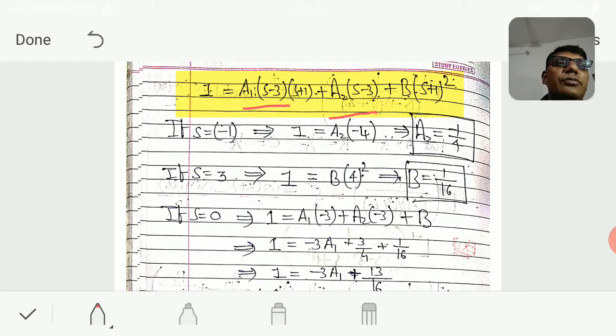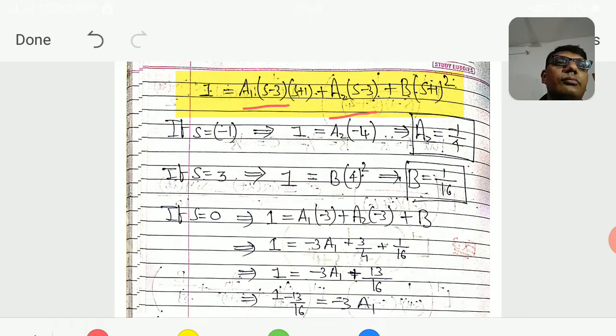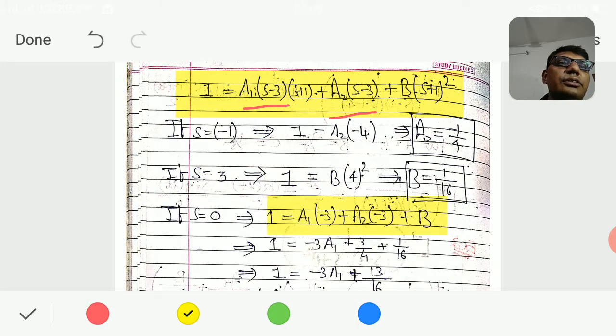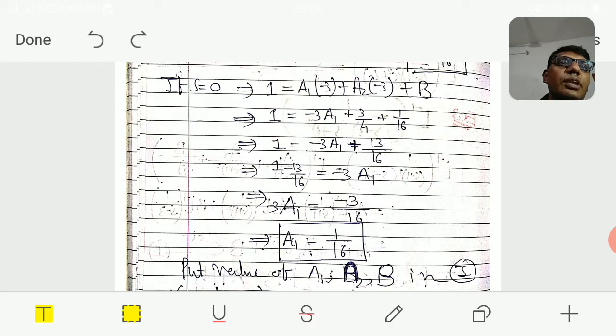Put the value of a2 equal to minus 1 by 4 in this equation. Put the value of b as 1 by 16. Then after simplifying we get the value of a1 is 1 by 16.